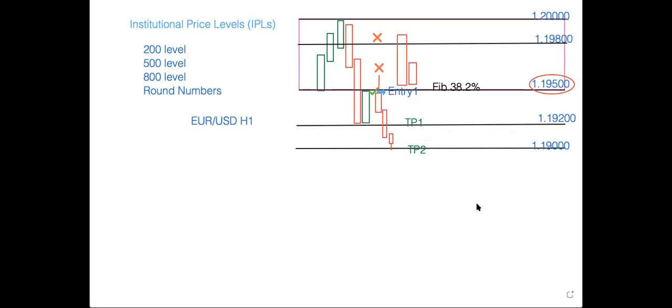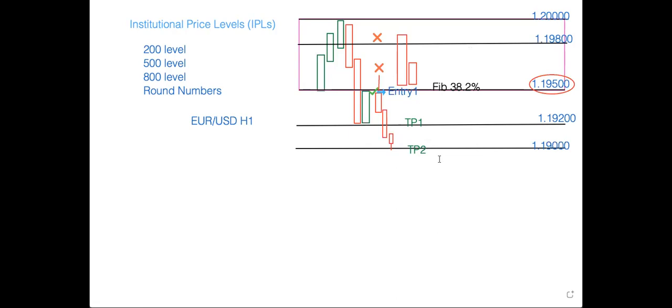Basically in this trade we have only 2 TPs, and you can see that the first TP, which is 0% Fibonacci in conjunction with the IPL, is hitting target profit number 1, and then it's going down, and the minus 23 Fibonacci and the round number, which is the IPL, is hitting TP number 2.